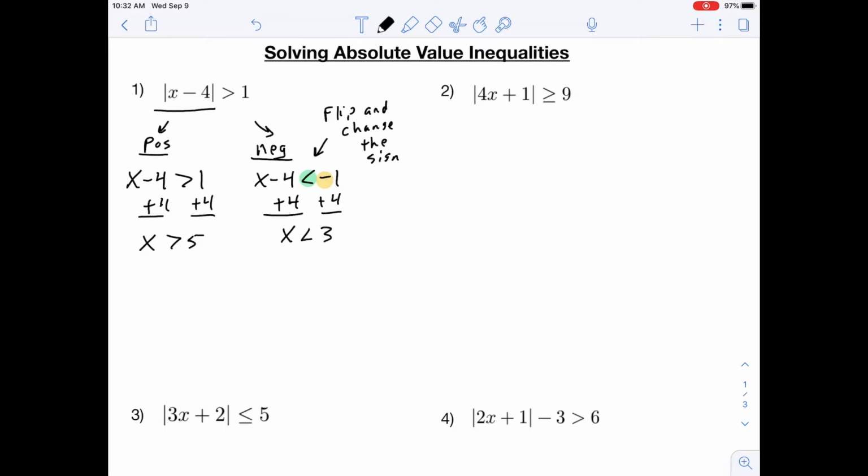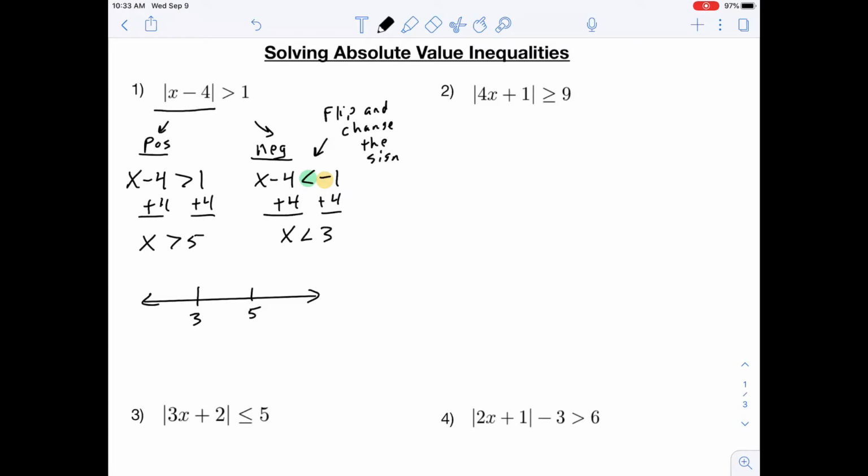Now, you have to determine whether this is an and or an or statement, because that's how you're going to write your answer, since we're going to do this in interval notation. A lot of times it helps to do the graph first. If I do this on a graph, we know that 3 is going to go here and 5 is going to go here. You don't need to fill out all the other numbers in between, just make sure they're in order.